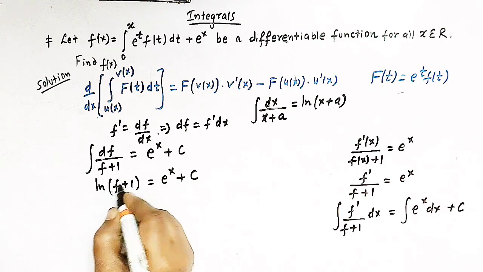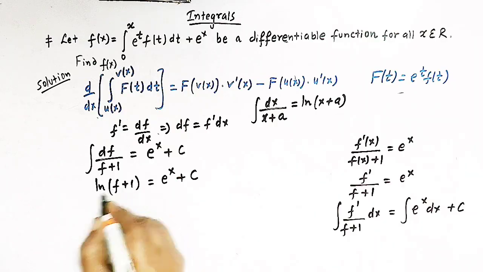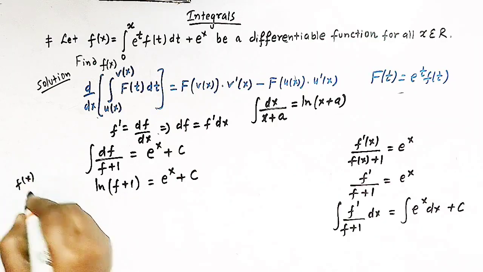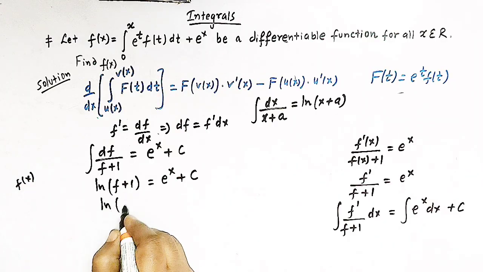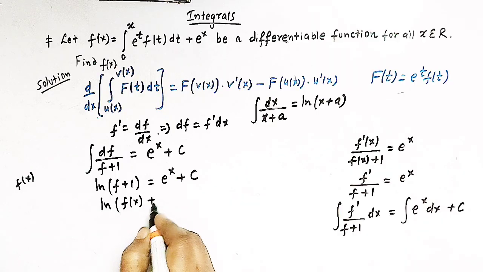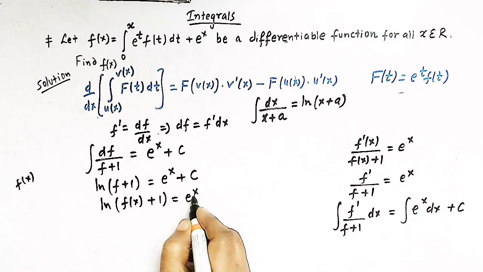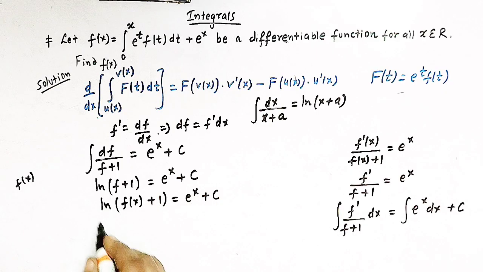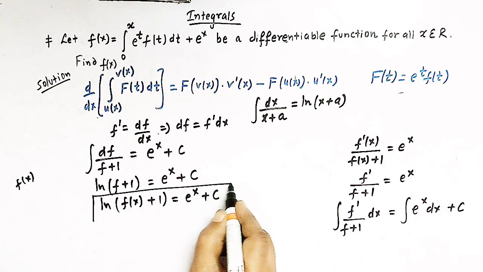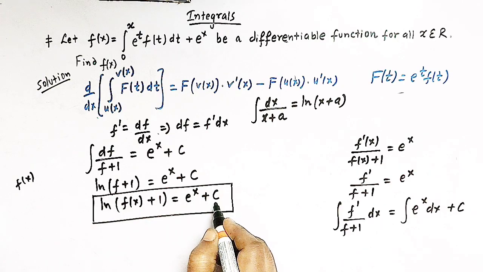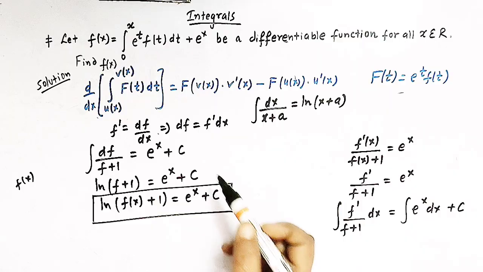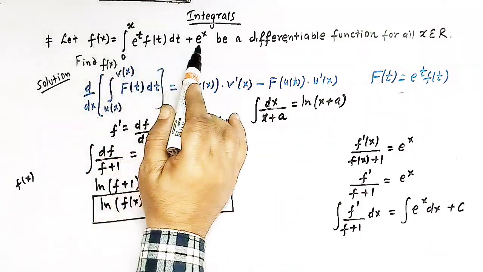So let us again replace this f by f of x. So we have natural log of f of x plus 1 equal to e raised to x plus c. So now we have to find out the value of this constant of integration c by using some initial condition, right?